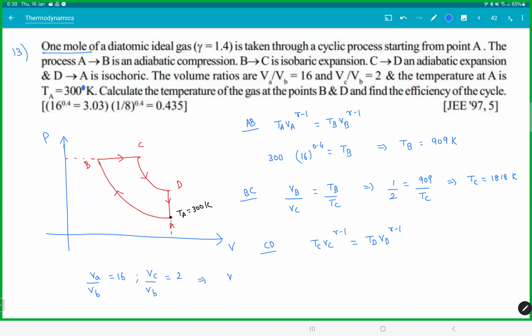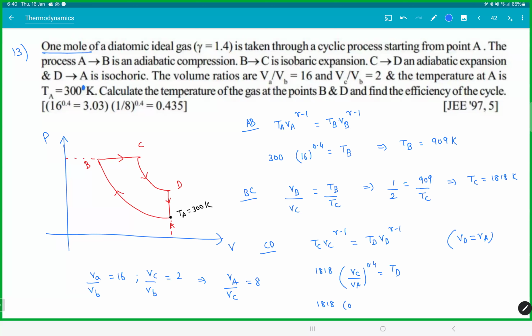If I divide them, I end up with VA by VC is equal to 8. And do remember, we also know VC is equal to VD is equal to VA because it's an isochoric process. So TC is 18. This guy is VC by VA, whole power 0.4, is TD. That is 1 by 8.